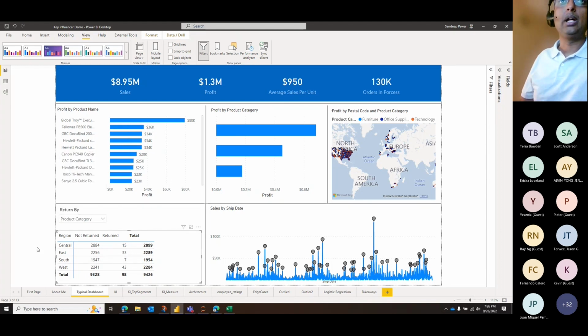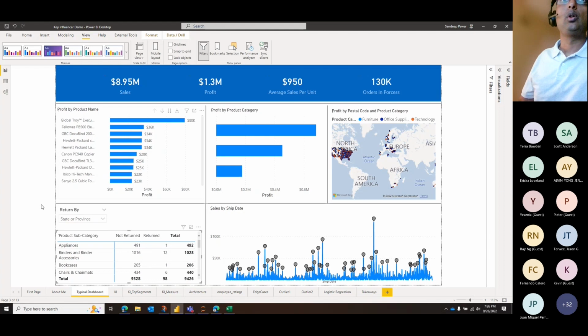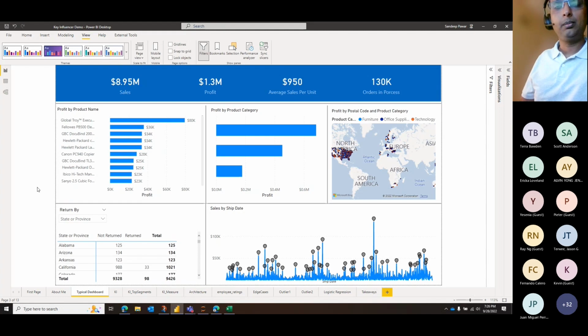Well, maybe let's look at it by product category. Same thing. You get the idea, right? And they could be spending a whole lot of time digging through the data, and maybe trying to make sense of the data and understand what we should really focus on.